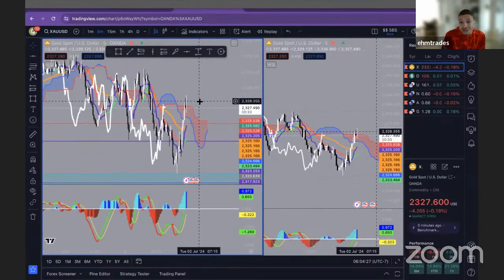We can find weekly trends, and once we understand the weekly trend, we can see how that relates to the daily trend, and so on and so forth. And it doesn't take very long to do this stuff either.